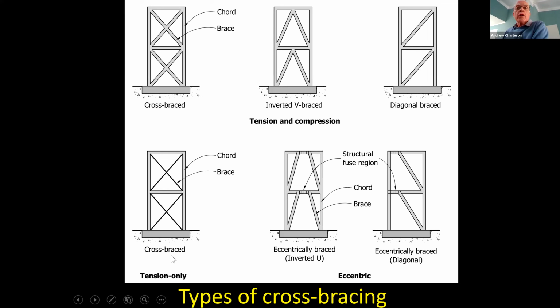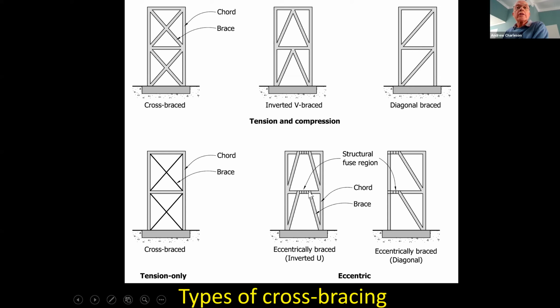There's one special type of braced frame that is unusual. It's called eccentric bracing. And you'll notice that the triangles here are not perfect. They're not triangles actually, because we have this eccentricity between the tops of the braces.